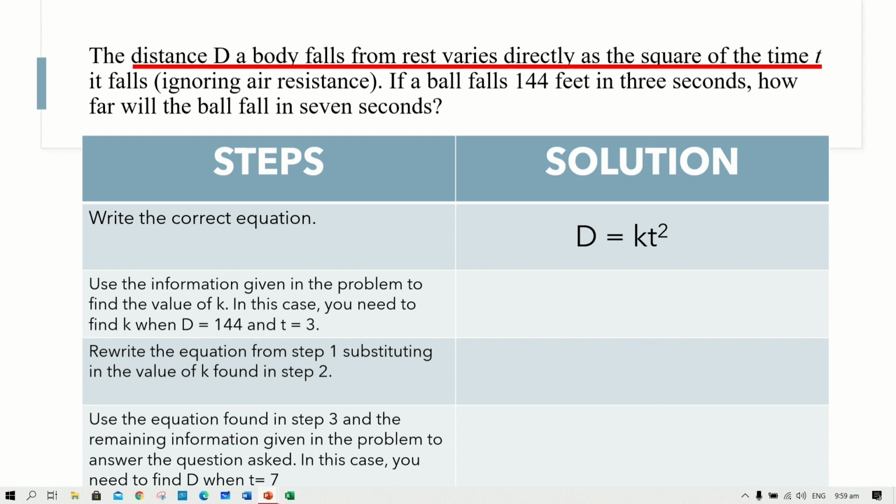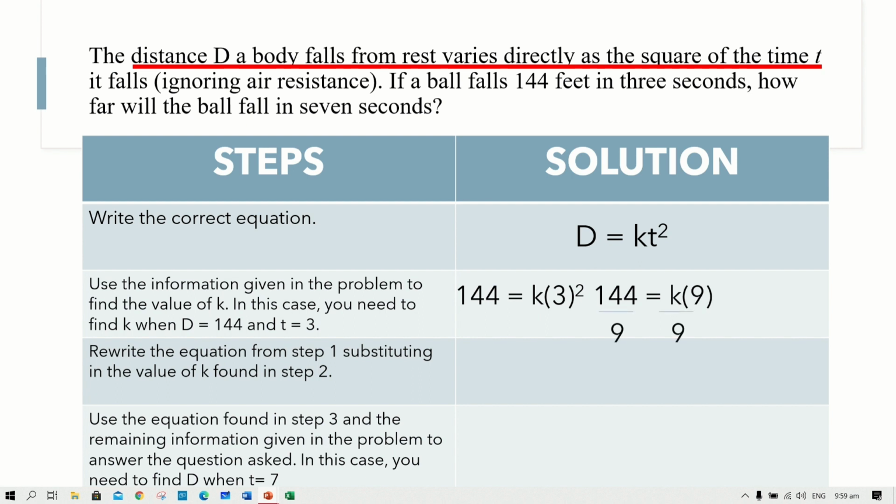Step number 2 is we're going to solve for the value of k. In this case, you need to find k when d is equal to 144 and t is equal to 3. So we have 144 is equal to k times 3 squared. If we expand it, that's now 144 is equal to k times 9.